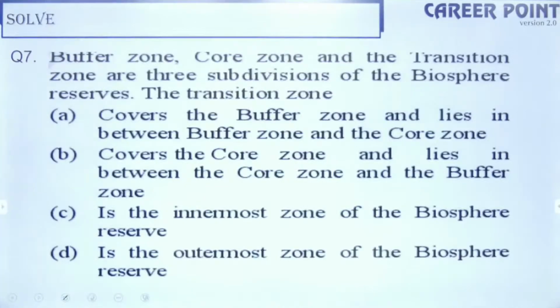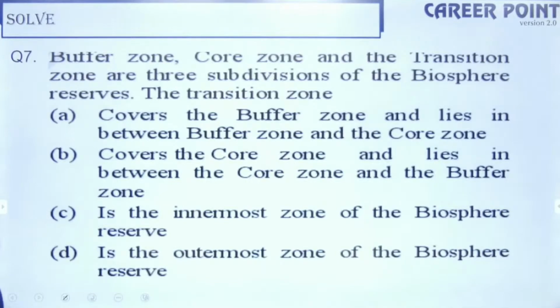Good. So, question 7. Buffer zone, core zone, transition zones are the 3 subdivisions of biosphere reserve. Out of this, the transition zone covers the buffer zone and lies in between the buffer zone and the core zone. Option B covers the core zone and lies in between the core zone and the buffer zone, is the innermost zone of the biosphere reserve, and it is the outermost zone of the biosphere reserve.